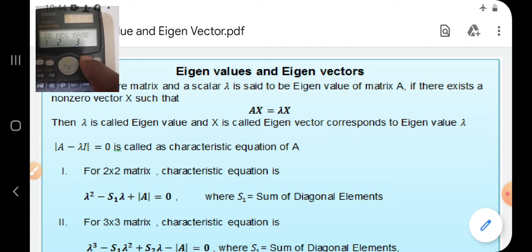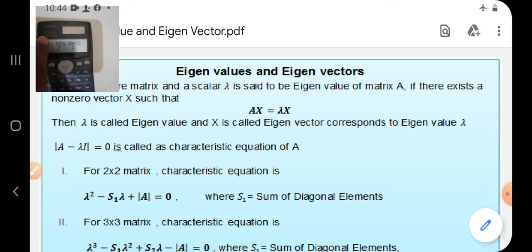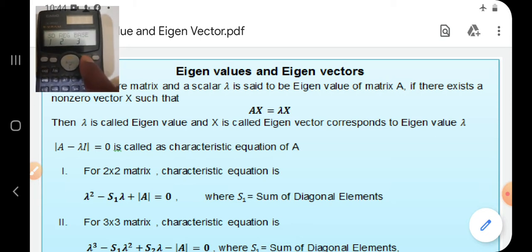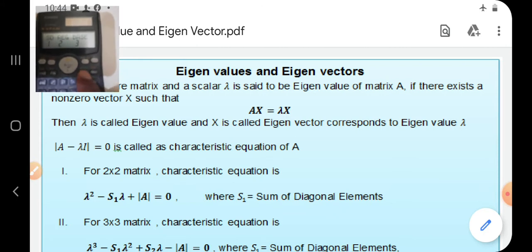For your new calc you can take equation directly. If you press mode, you will get the equation mode. Just select the proper equation mode. This is the old FX 991 MS, so for that I am telling. For a new calc you will get it directly, no problem.